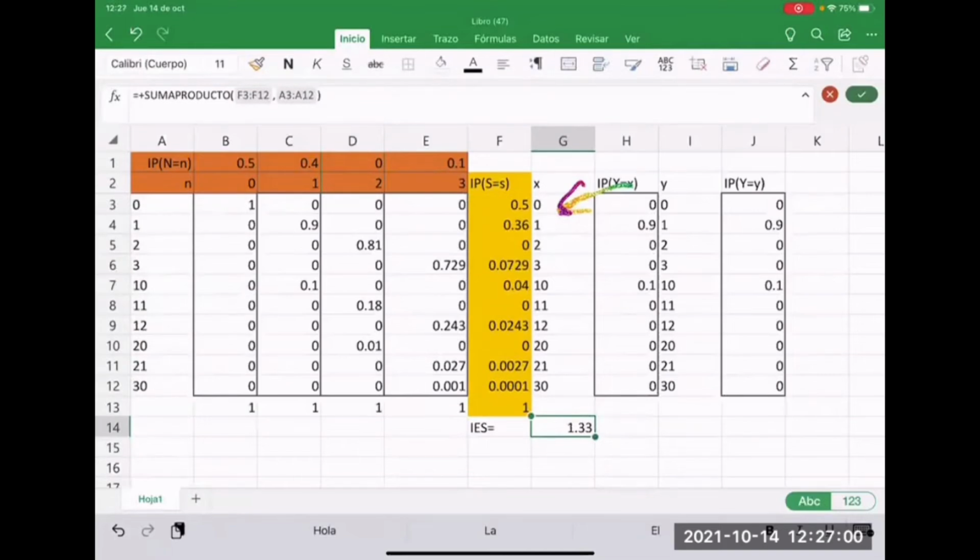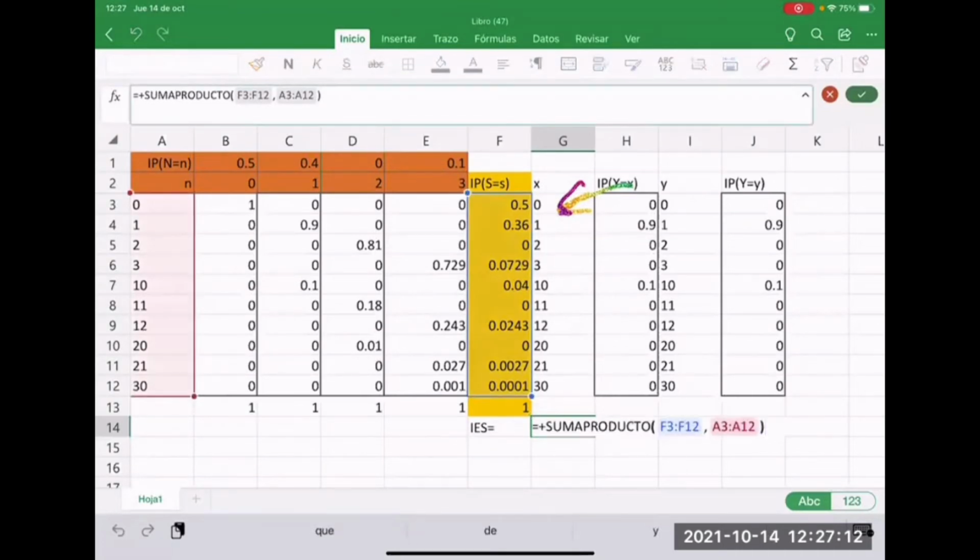So the expectation of S should be given by this expression here. The red range stands for the support of the random variable, while the blue range stands for the mass of the random variable.